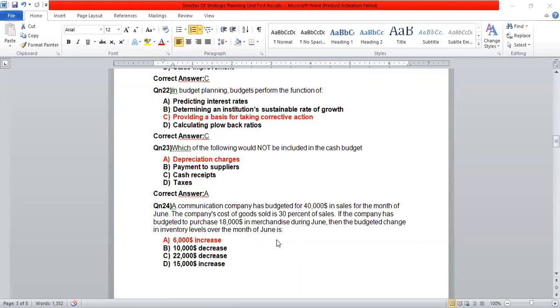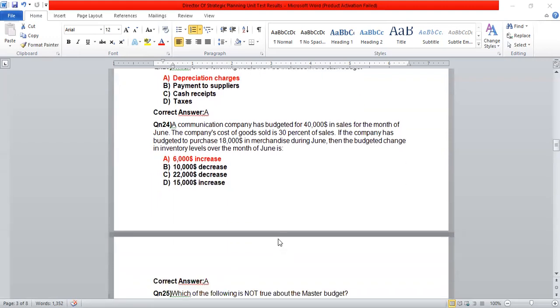If the company has budgeted to purchase $18 in merchandise during June, then the budgeted change in inventory level over the month of June is, here you have to calculate, but the right answer is $6,000 increase in inventory.